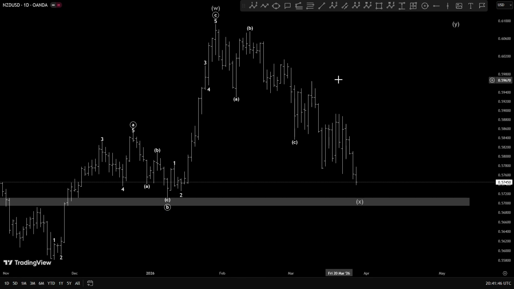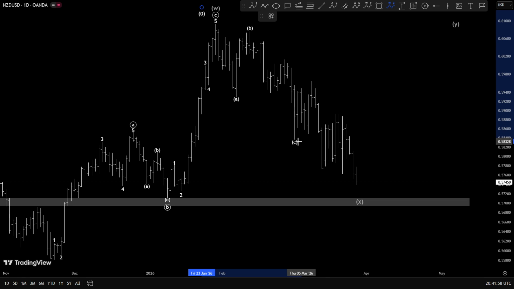So instead of the market going up and breaking the W, it started going down again, which means the downward movement gave us what? A triple three pattern, which is labeled in W. This becomes X. This is a corrective structure W, X, Y, X. Then we have Y. This is Y. Okay?